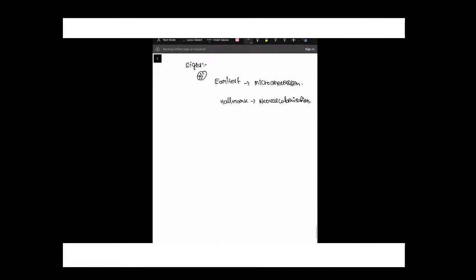Pathology: there is occlusion and there is leakage.